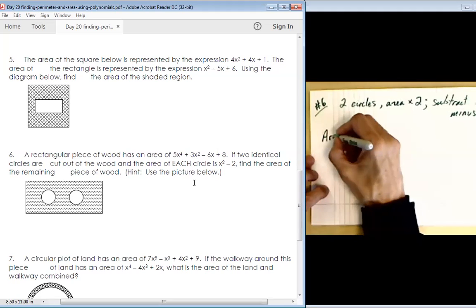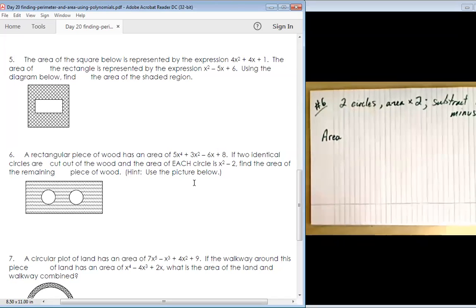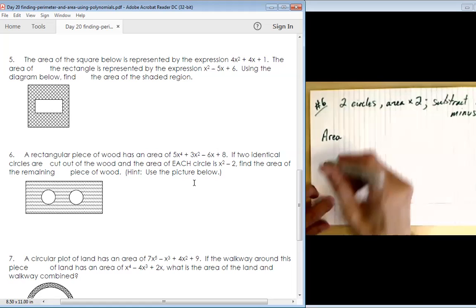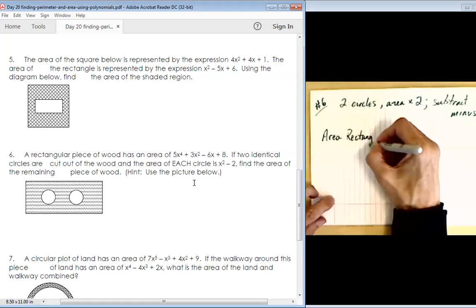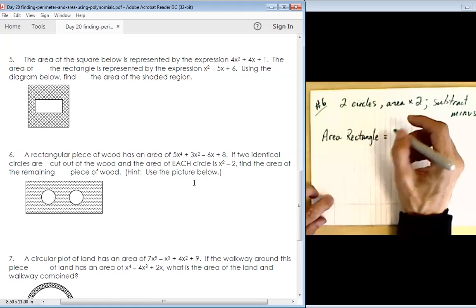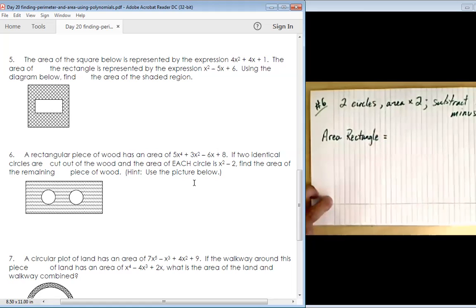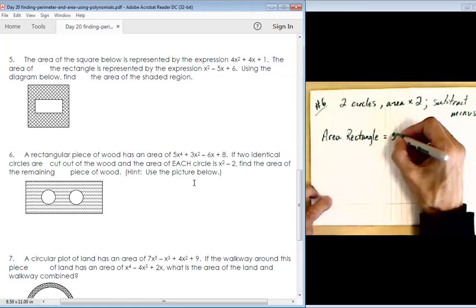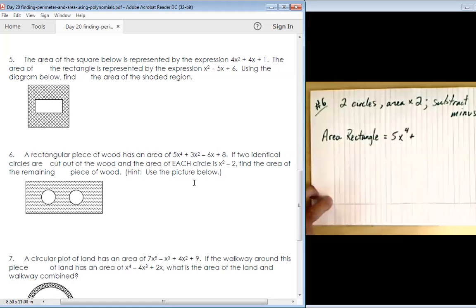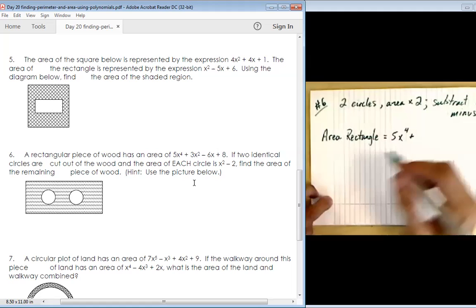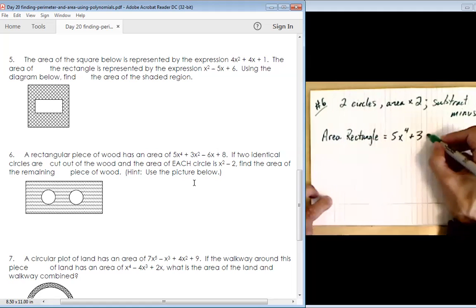Which area is that? Yeah. Wow, x4, eh? It's getting up there. Notice it skipped an x3, x to the 3.